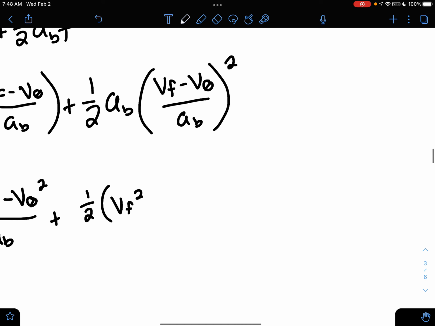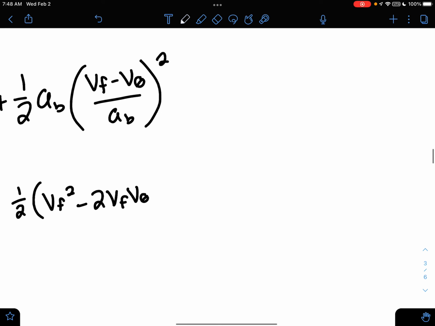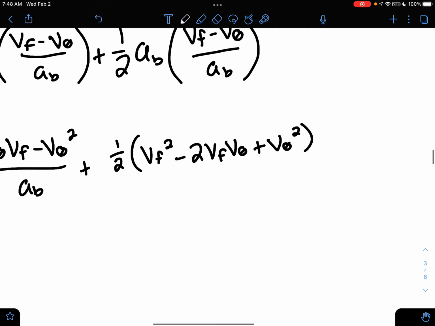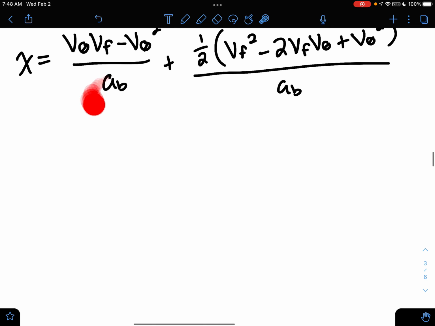Right, this is squaring this out. So it's going to be square the first, minus 2 v final v naught, plus v naught squared, all over acceleration. Now since they're both all over acceleration, I can smush the fractions together.